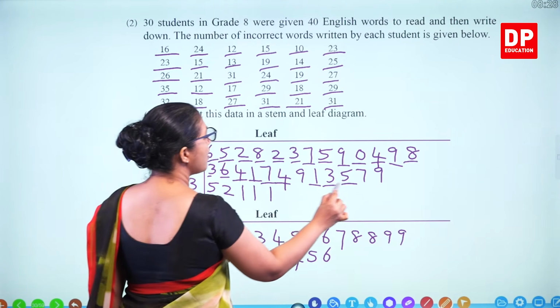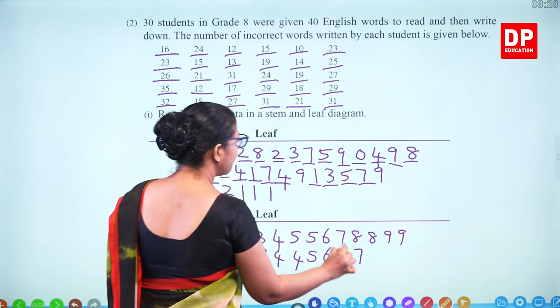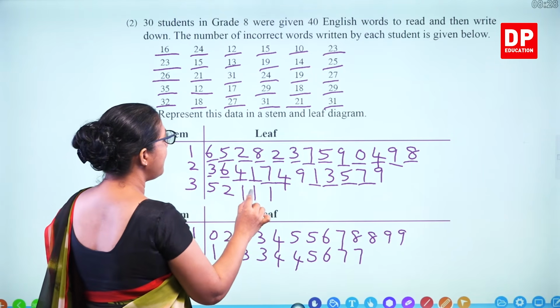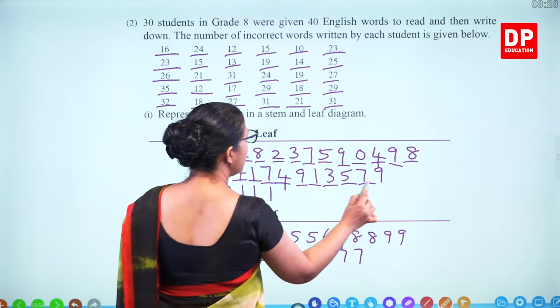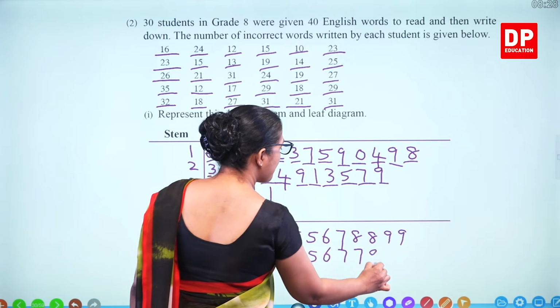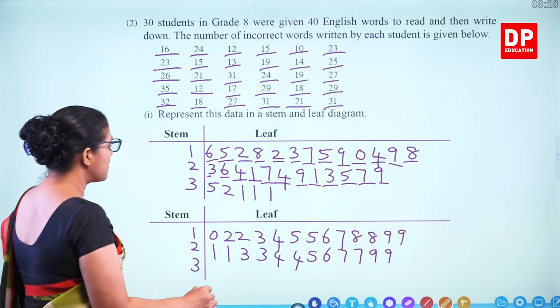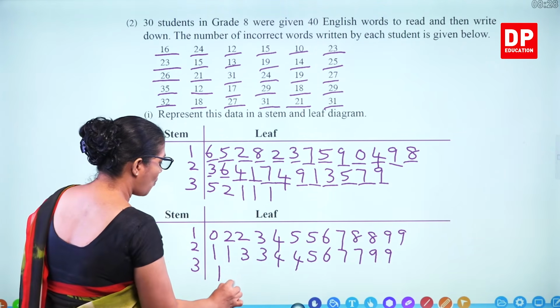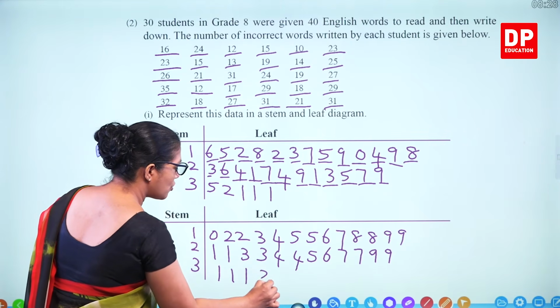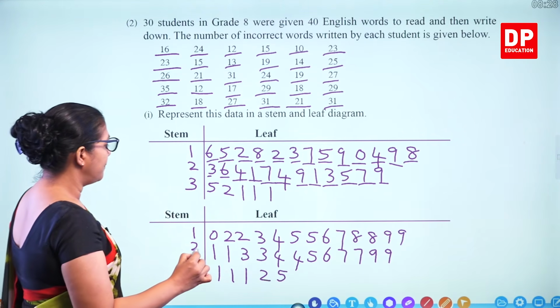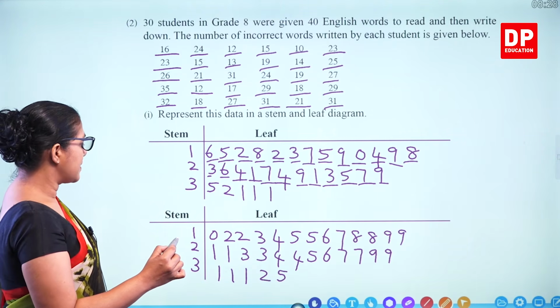Then 7, 1, 2. And then 9 twice. 3, 1, 1, 1, 2, 5. So that's the data set.